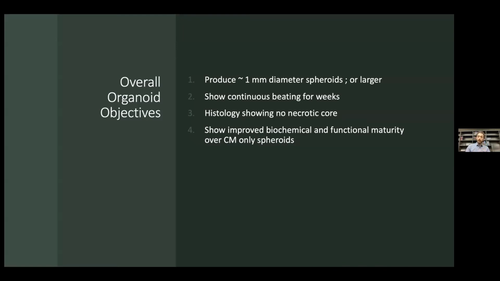Show this continuous beating to maintain that survival over longer periods of time, making sure that as we grow and make these things larger, that we're not getting a region of necrosis in the center. And then finally, look at the maturity and the functional status of these organoids.